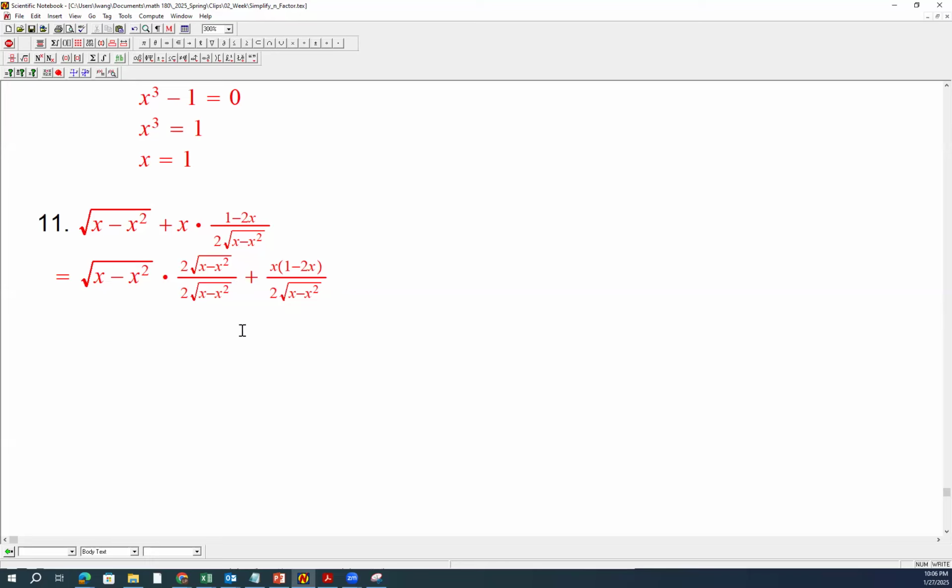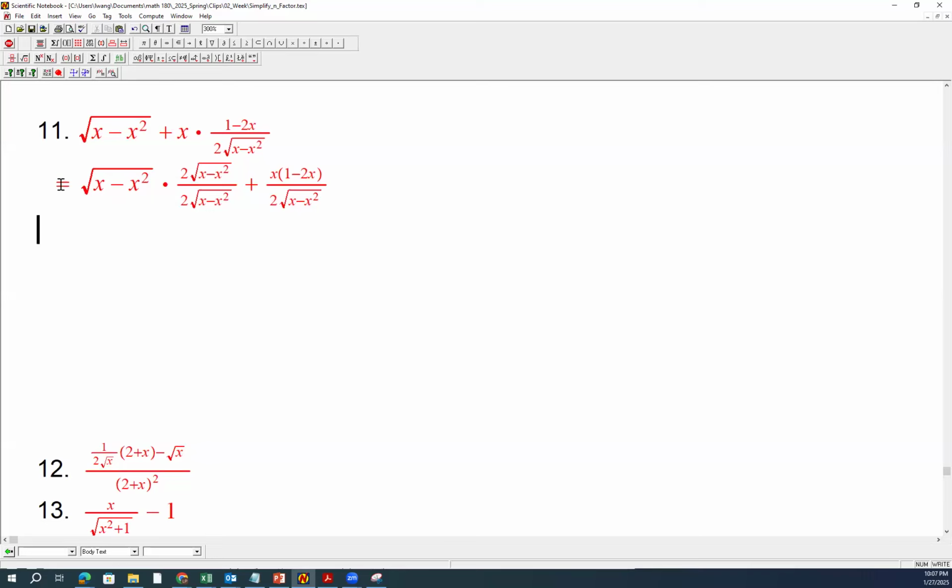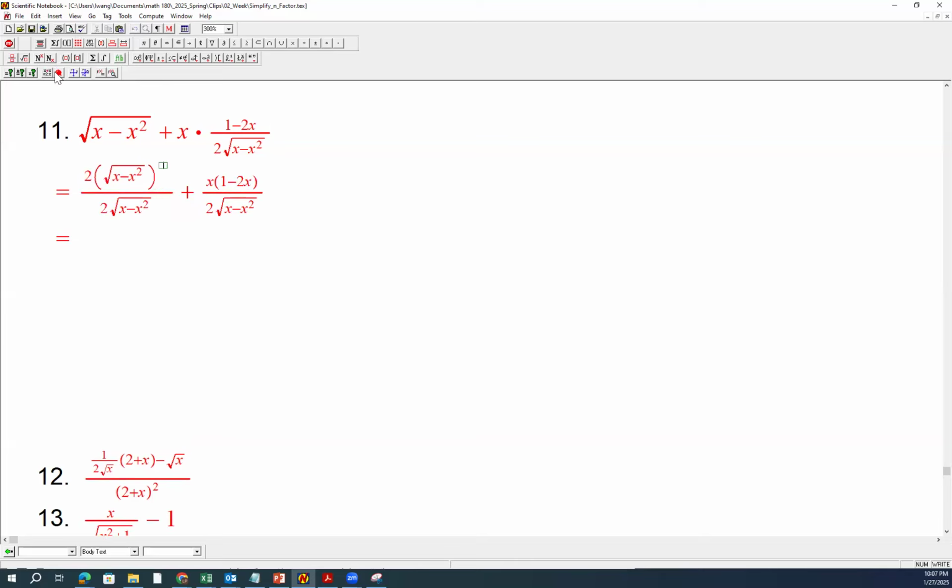As you can see, if we make it the common denominator, we're going to discuss the domain soon. Now we have the same denominator, right? But multiply that piece, we get that. So this piece is being squared.